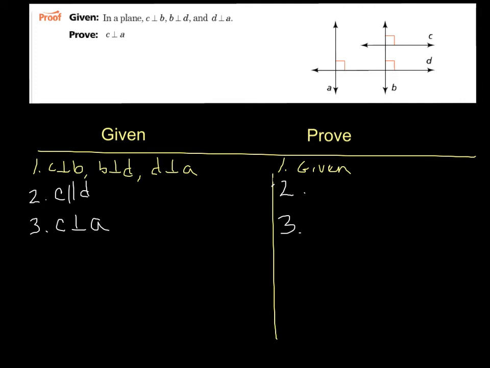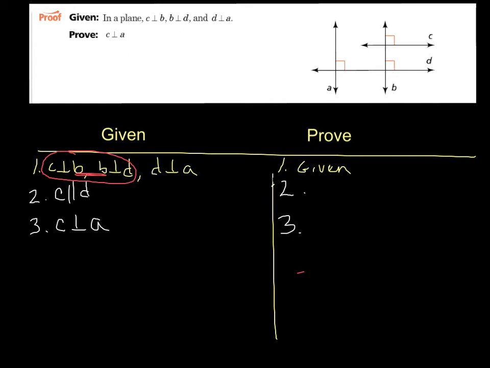Well, if we look at the first two statements here, that C is perpendicular to B and B is perpendicular to D, then I have two lines that are both perpendicular to B. They're both perpendicular to the same line. And our previous theorems told us that if two lines were perpendicular to the same line, then those two lines have to be parallel.